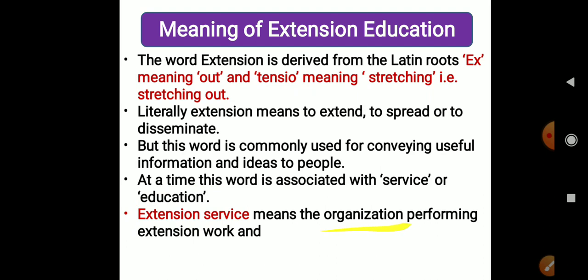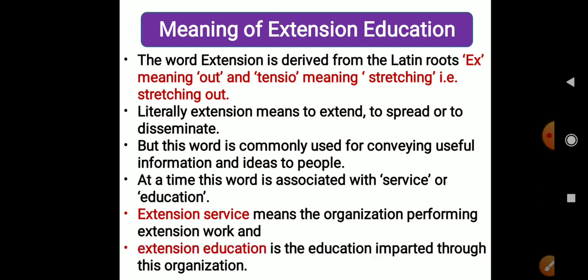Organizations are, for example, Panchayat Samiti, Gram Panchayat, Krishi Vigyan Kendra, Agriculture Department, and Agriculture University. If that organization is going to carry out the extension work, then we can say that extension service is going on.